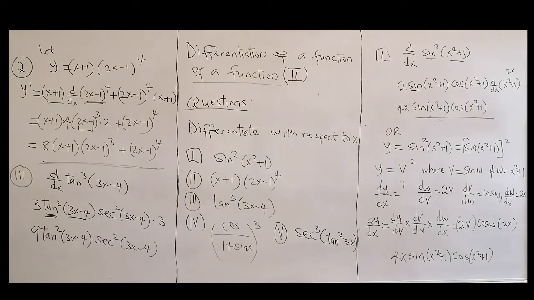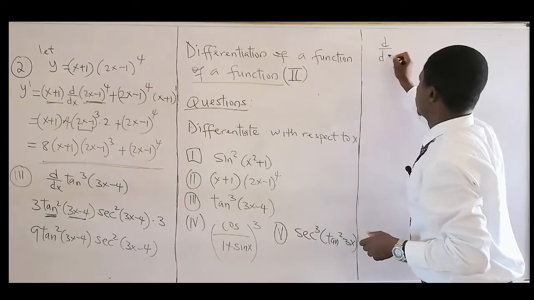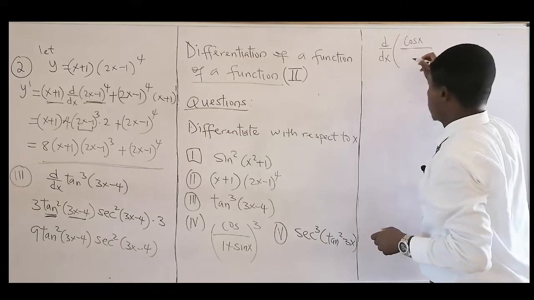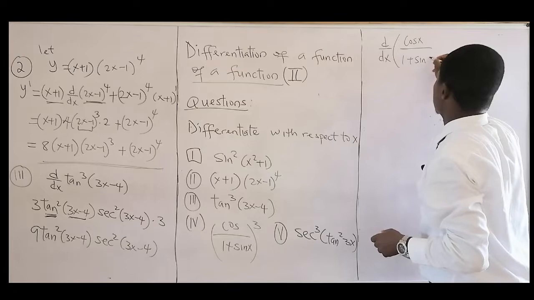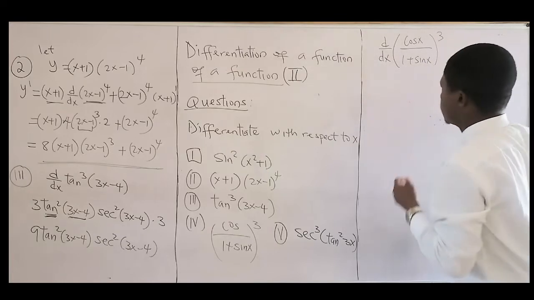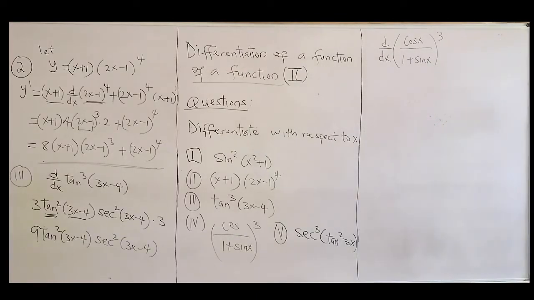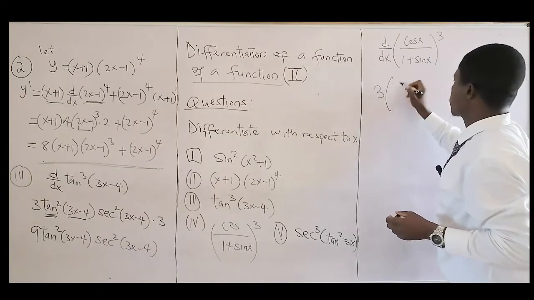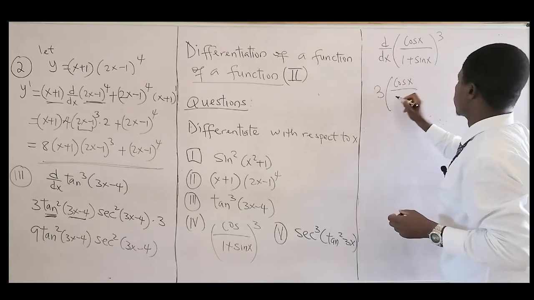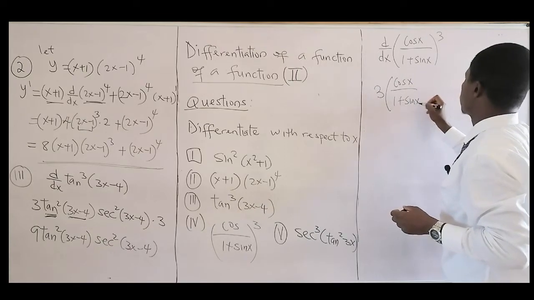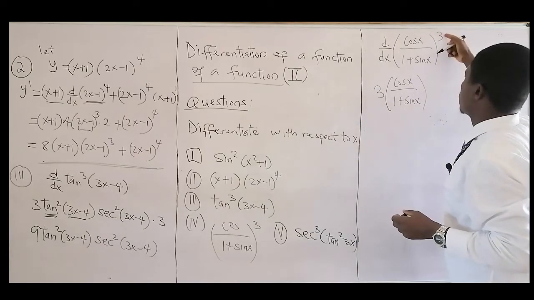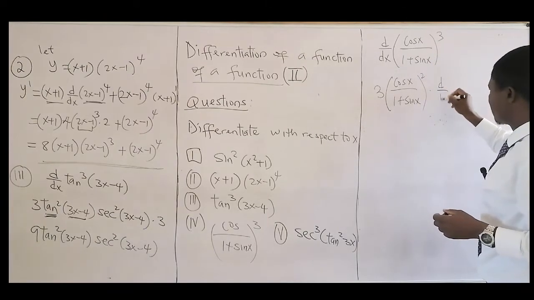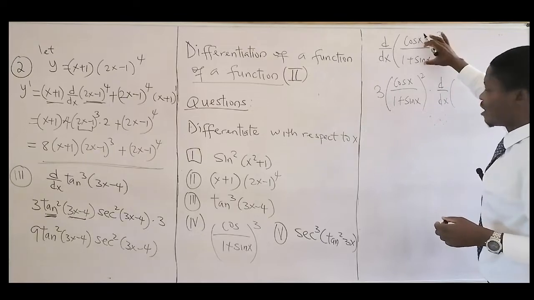Okay, d/dx of (cos x over 1 plus sin x) power 3. So this will be 3, the expression cos x over 1 plus sin x, power 3 minus 1, that's power 2, then times the derivative of the base.